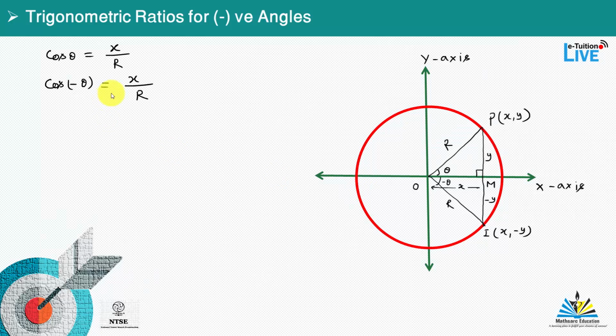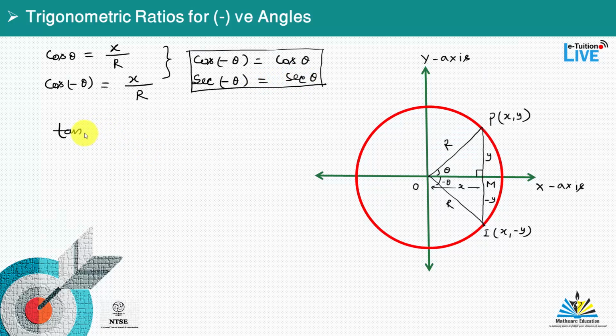So from these two, cos of minus theta is equal to cos theta. In the same way, for the reciprocal of cos, that is sec, sec of minus theta is equal to sec theta.